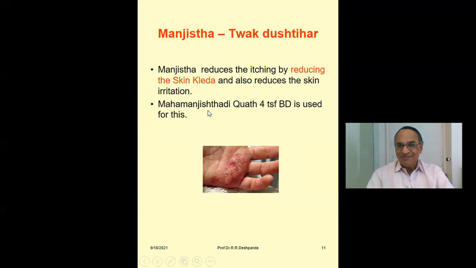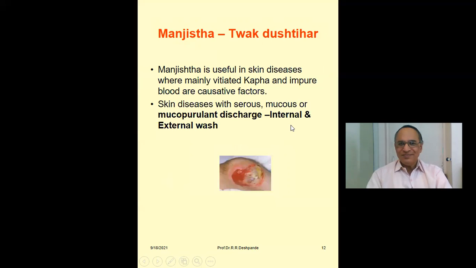Mahamanjisthadi kadha is available in the market. Can you see this lesion? Weeping, itching, irritation. Take 4 teaspoons morning and evening after food. Tvakdushti hara, cleansing the skin problems. Manjistha is useful in skin diseases where mainly vitiated kapha and impure blood are the causative factors.